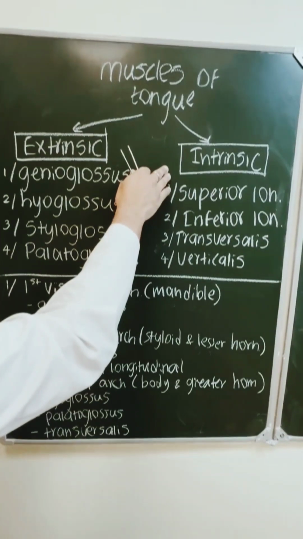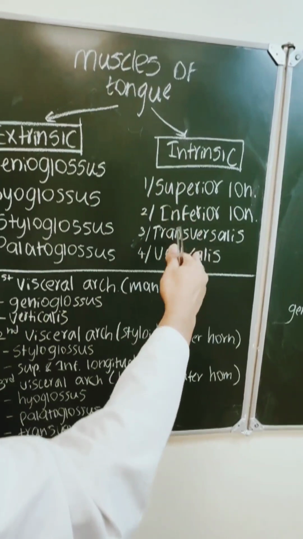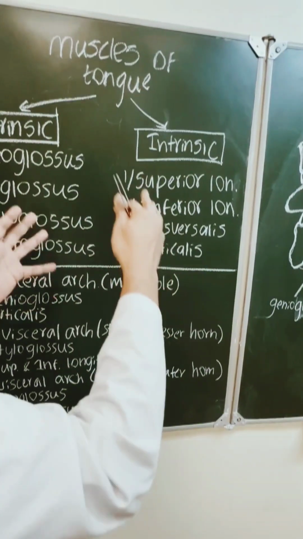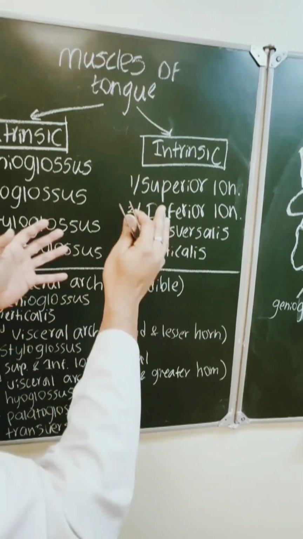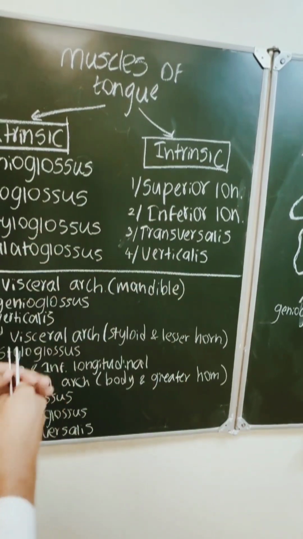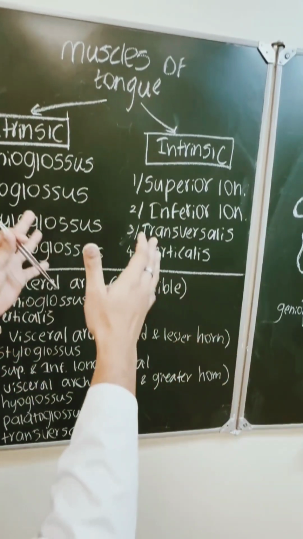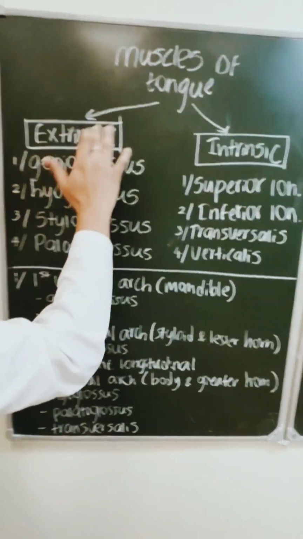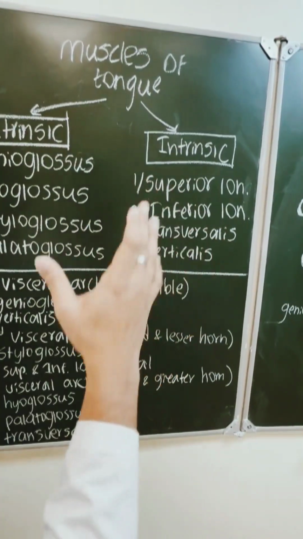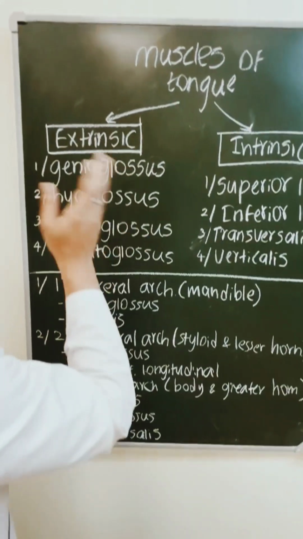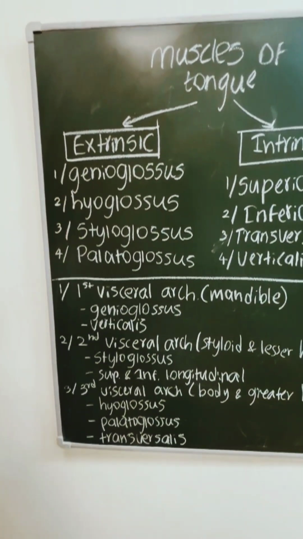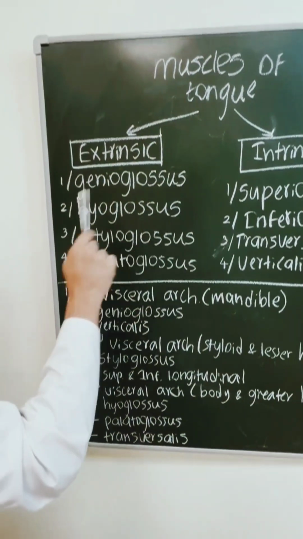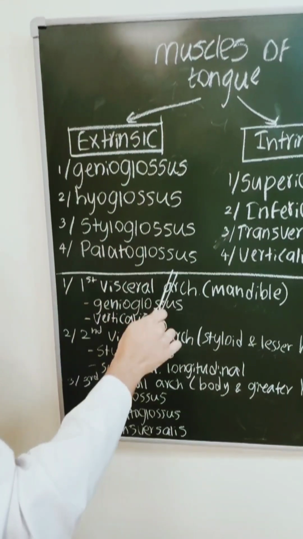Because the intrinsic muscles are solely embedded within the body of the tongue, their contraction doesn't result in a change of position but a change of shape. There are four extrinsic muscles: genioglossus, hyoglossus, styloglossus, and palatoglossus.